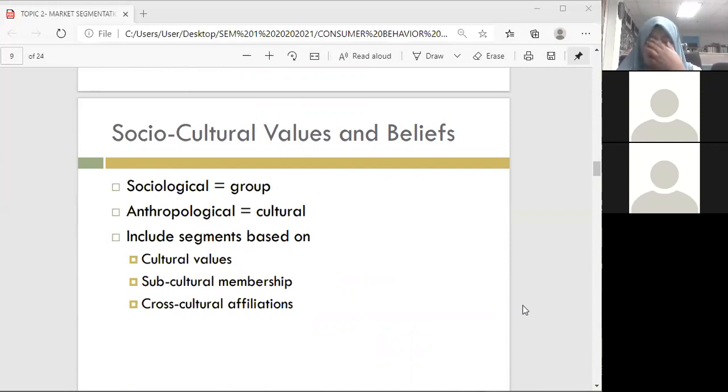For example, certain consumers believe in PPIM, do you know what it means, Persatuan Pengguna Islam Malaysia? Muslim consumers who have been victimized by certain companies doing fraud, cheating while doing business transactions, this group of NGOs, PPIM, will represent them. This is sociological, because we're talking about the group.